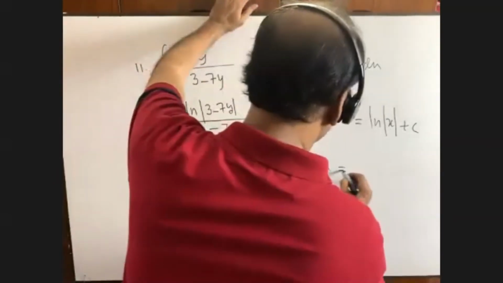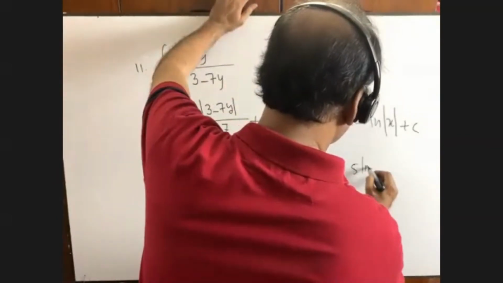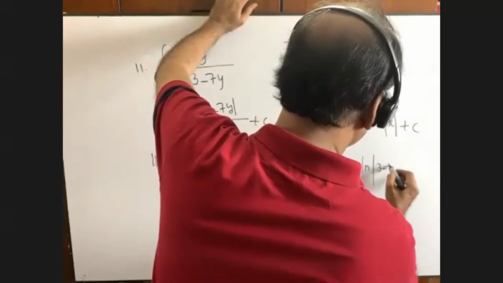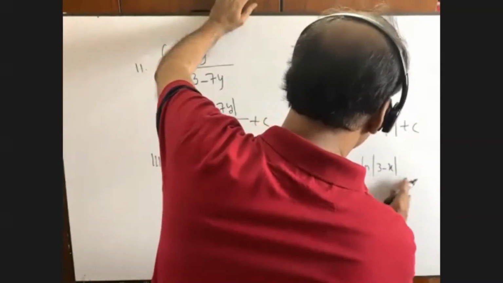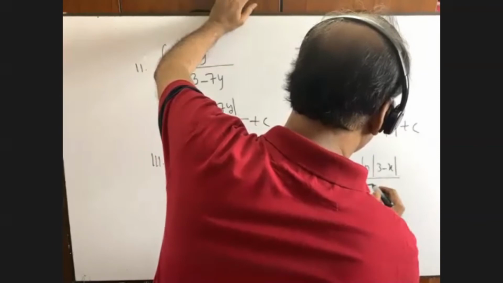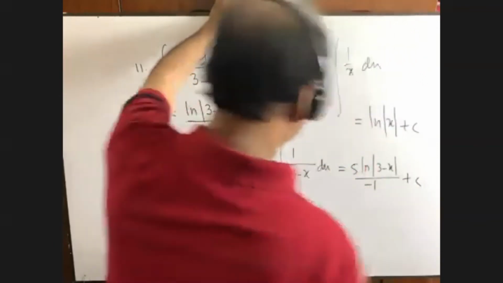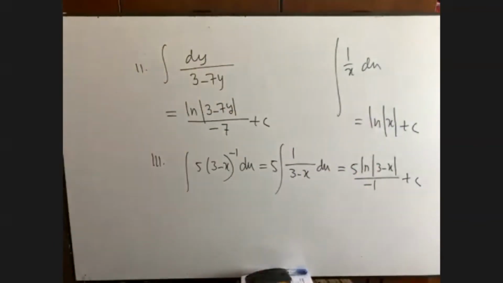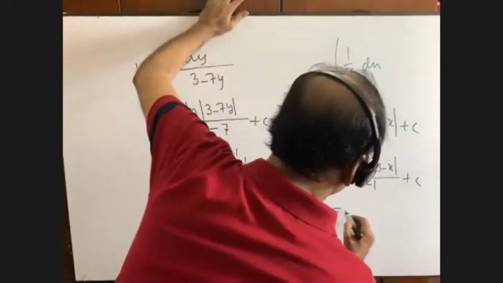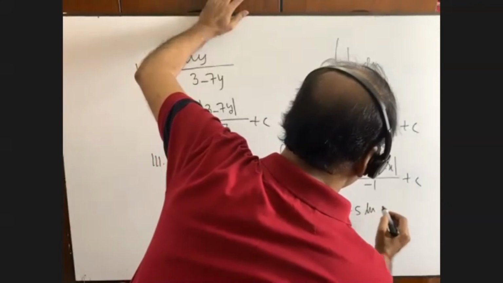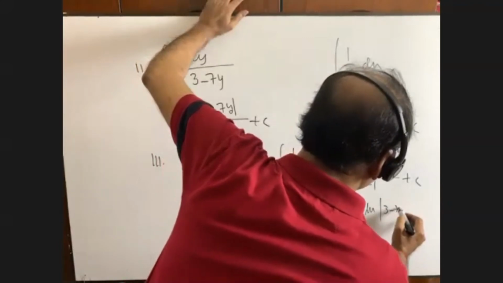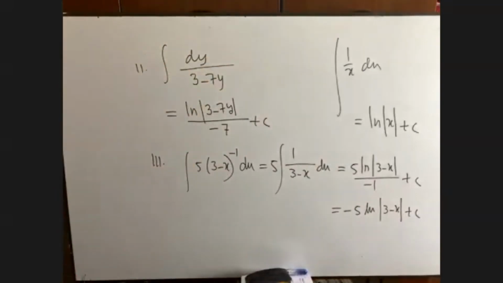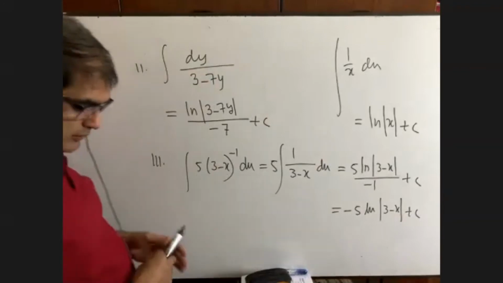It is equal to 5 ln 3 minus x divided by minus 1, as the coefficient of x is minus 1. That is minus 5 ln 3 minus x plus c, and we are done. Was it hard? Definitely not.